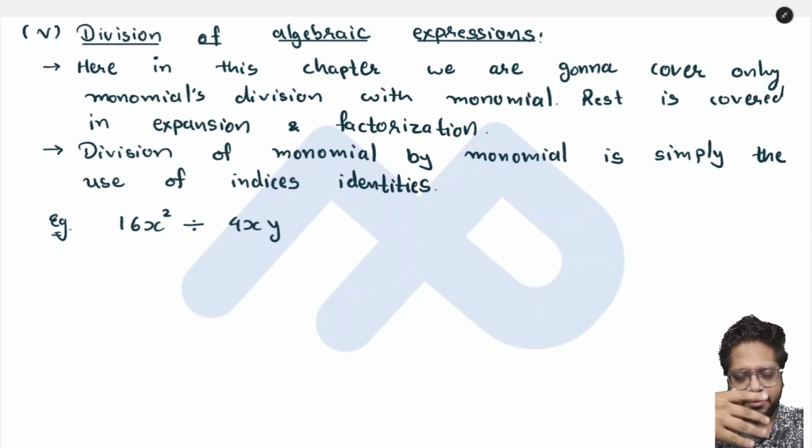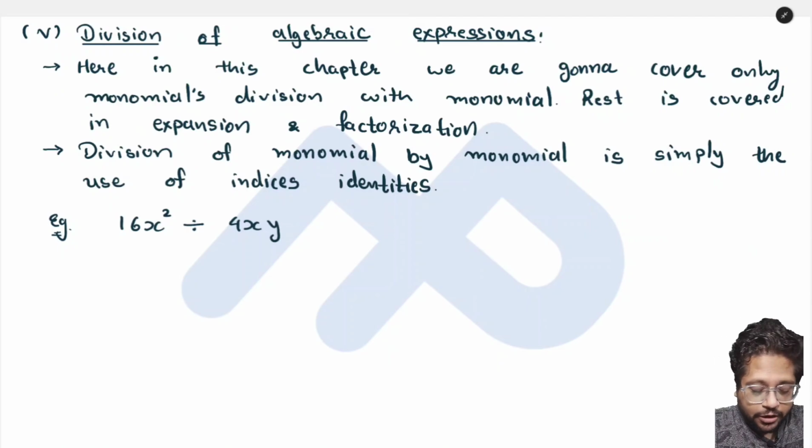Basically polynomials can be divided, but in this chapter we'll see only monomial divided by monomial, because to divide a binomial or any other polynomial, you need to apply the formulas, the concept of factorization, and that is covered in another chapter, I think the 5th or 6th chapter, so we'll see that later. Right now we'll only see monomial divided by monomial, and that's very easy. It's just applying the indices rules basically.